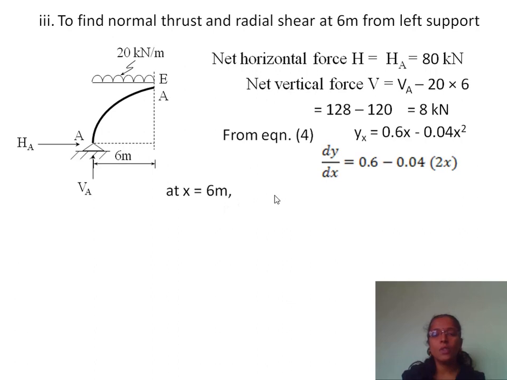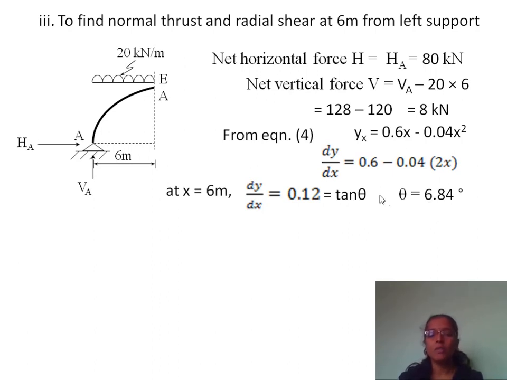At x equal to 6 meter, we substitute the value of x as 6 meter. So dy by dx is 0.6 minus 0.04 into 2 into 6, which equals 0.12. But dy by dx is nothing but tan theta. Hence theta is equal to tan inverse of 0.12, which is 6.84 degrees.